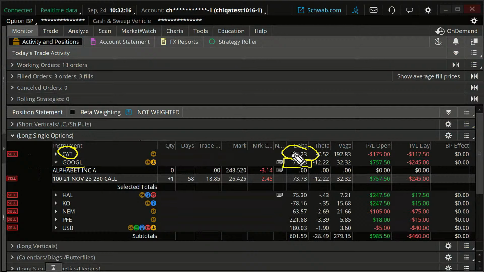Often on these long calls or long puts, when we get to deltas elevated to the mid 80s or more, we may roll that. In this case, it's a little bit lower. We have actually rolled this in the past and brought in a credit on this one. So we're going to stick with this.